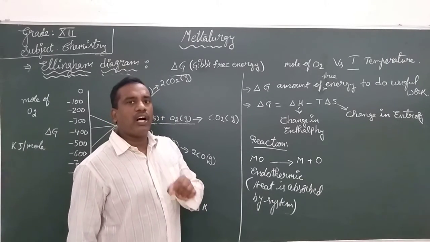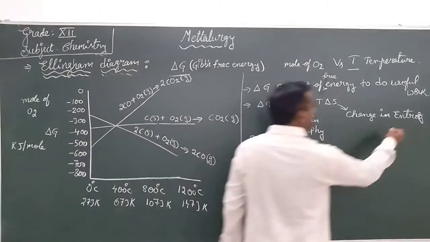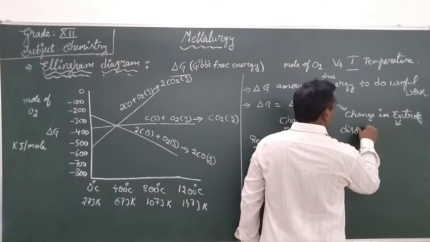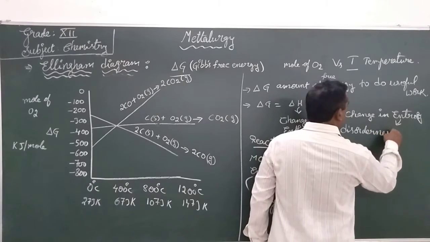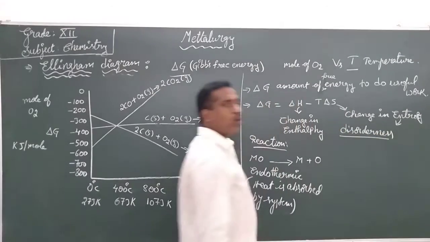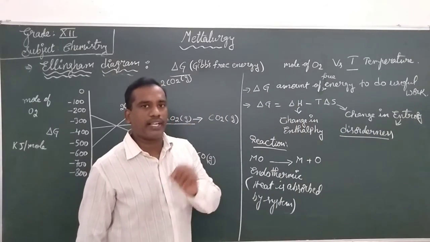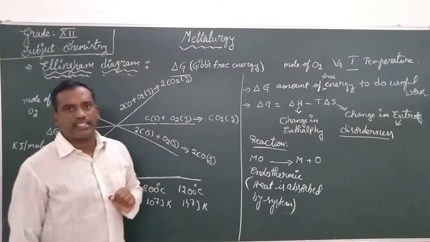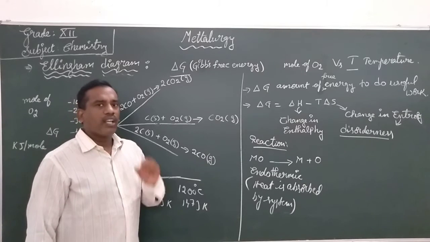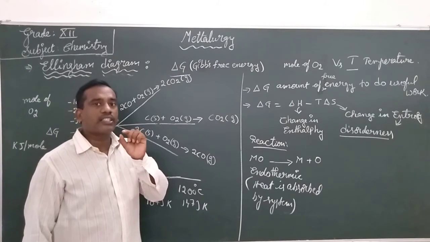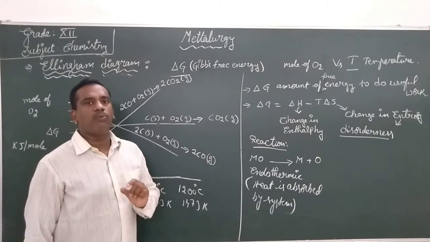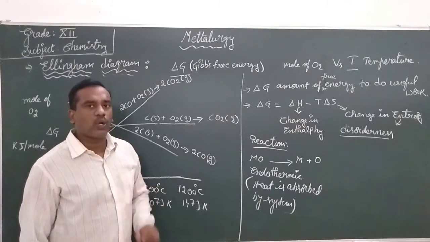What is the meaning of entropy? Entropy means disorderness. Coming to this word, disorderness: when you take a small ice cube, what is the state of the ice cube?